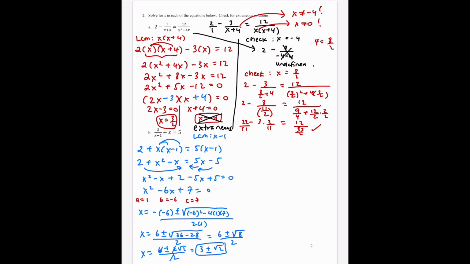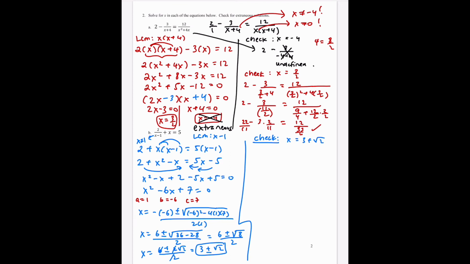So the annoying part is checking to make sure that they're not extraneous. They're not, because as long as x is not equal to 1, you are good. So these are not extraneous. But to check it all out, I'll check one of them. x is equal to 3 plus root 2.